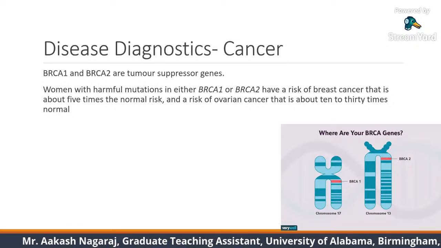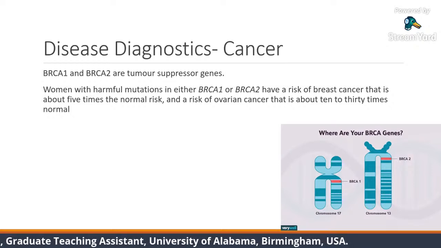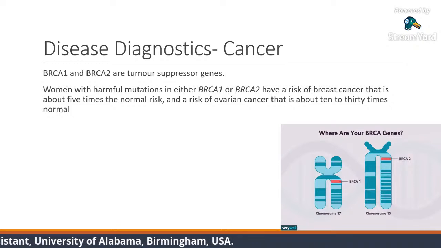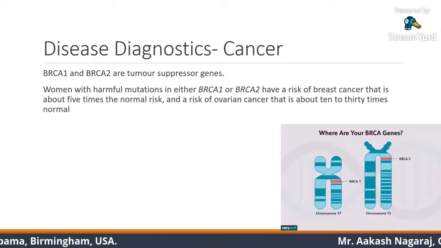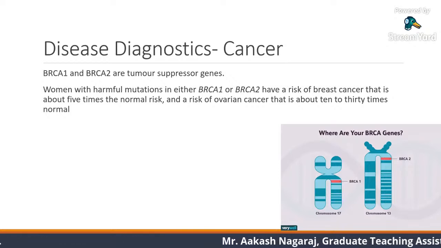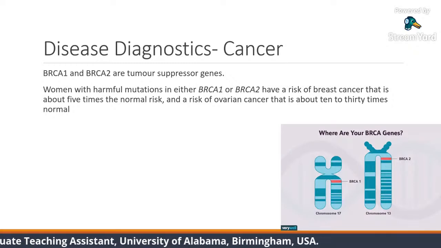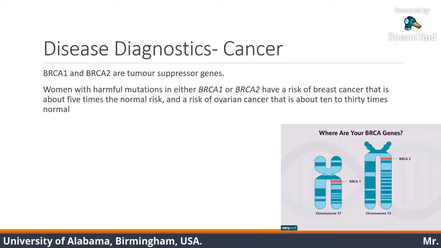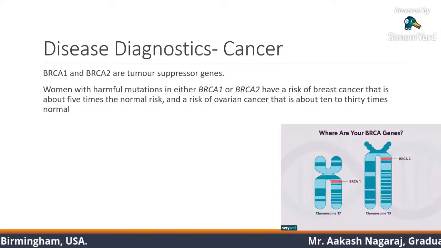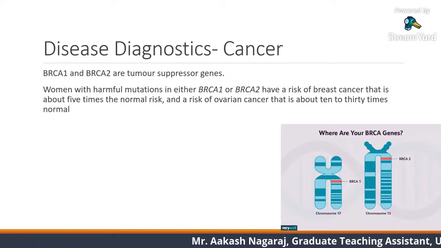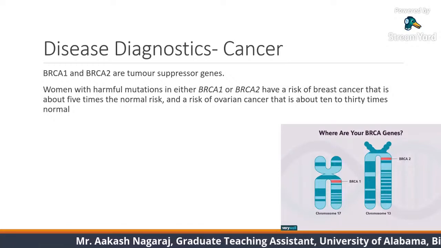So BRCA1 and BRCA2, these two are tumor suppressor genes. And women who have mutations in either of the BRCA1 or BRCA2 genes have a higher risk of getting breast cancer and other types of cancers too. For breast cancer, it is 5 times the risk, and ovarian cancer, it is 10 to 30 times.